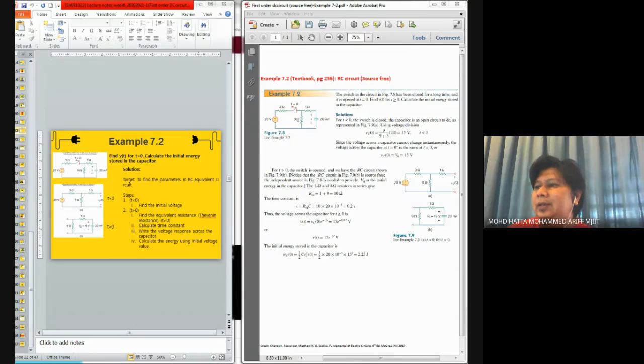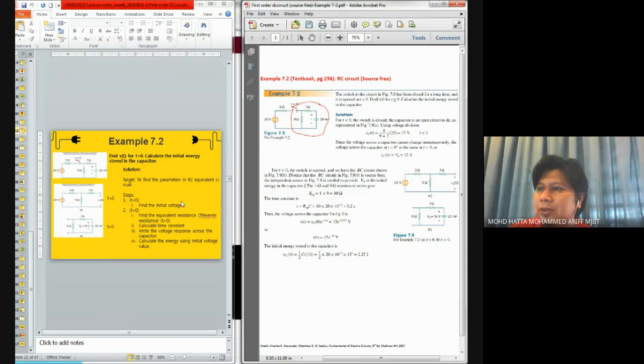At t greater than 0, starting from t equals 0, this switch will be open, and we will end up with only this circuit connection, or this is the only connected element in the circuit.